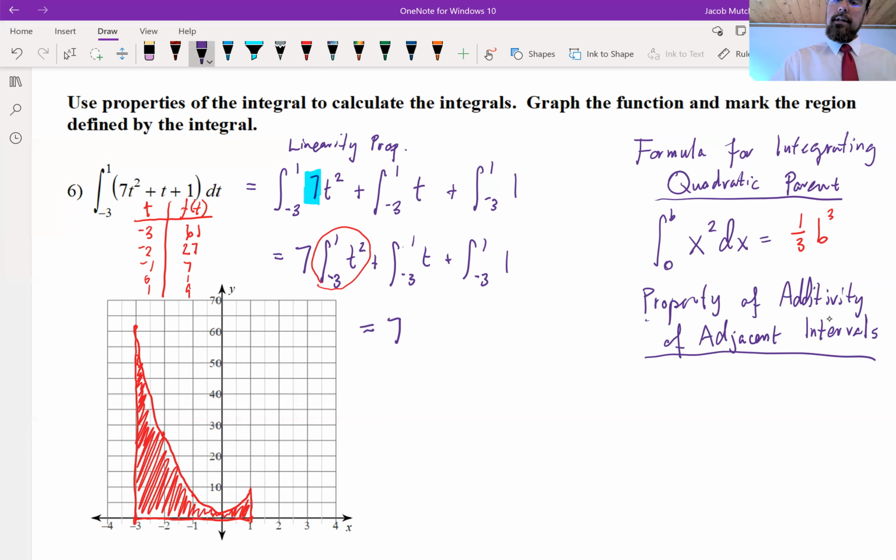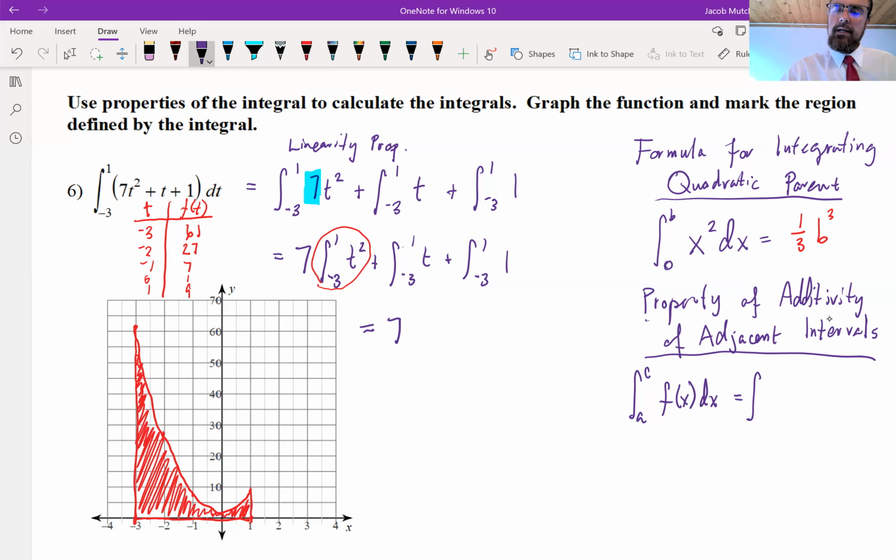It says that if I've got an integral from a to c of f of x dx, and I want to split that so that it has a change in the domain, so that I partition it according to a number that's between a and c, we'll call it b.